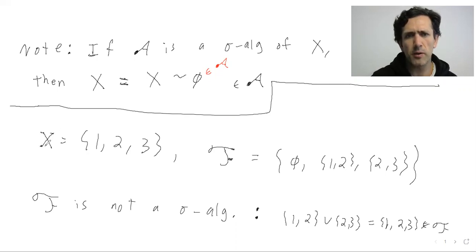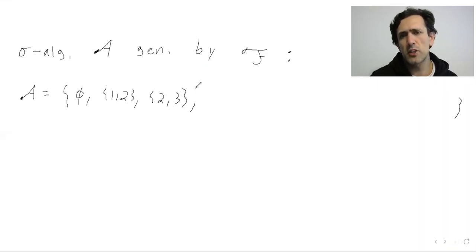The power set has 2 to the 3 elements, which is 8 elements, so we have to add at most 5 elements here. Let's just see what we have to do.